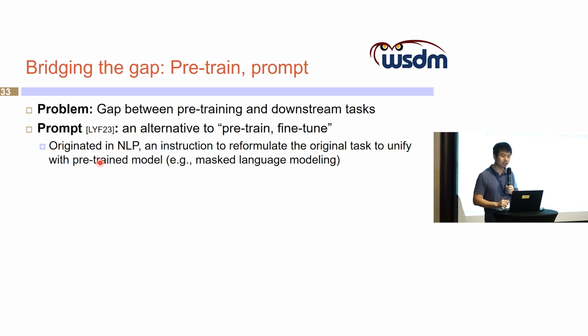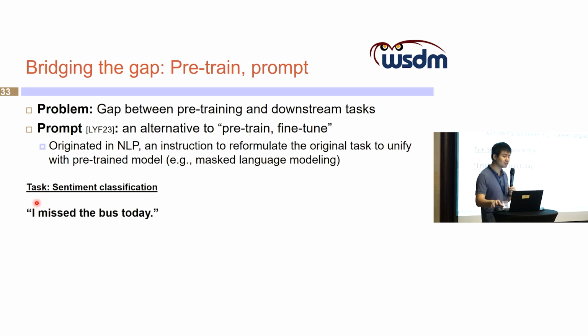An alternative way is to use the prompt. It was originally proposed in NLP. It's basically an instruction to reformulate your original task to unify with the pre-trained model. Let's see this example here. I missed the class today.